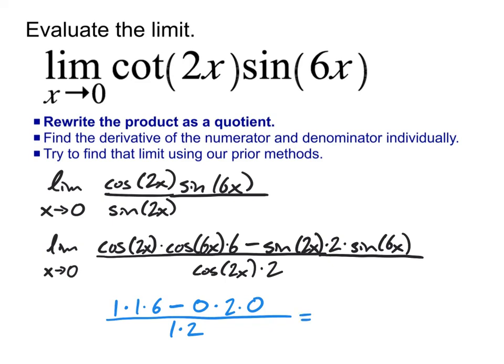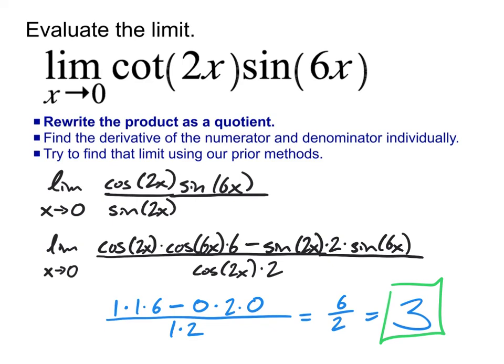So you notice that if I simplify this, I end up with 6 over 2, which equals 3. And so that is our final answer here. This limit, as x is approaching 0, of cotangent times sine here equals 3, at least in this particular case.